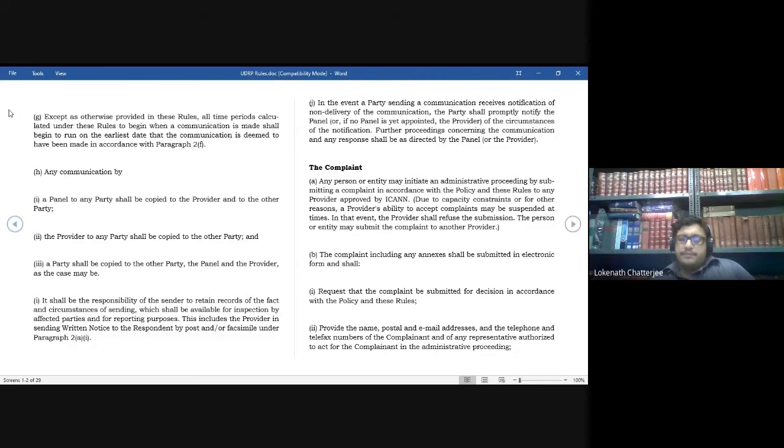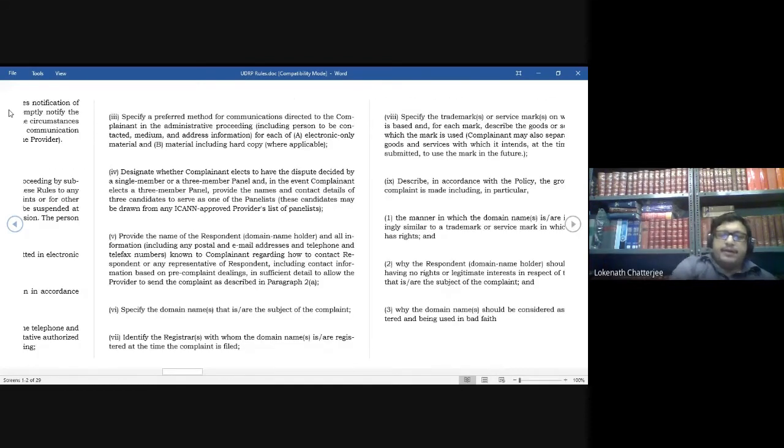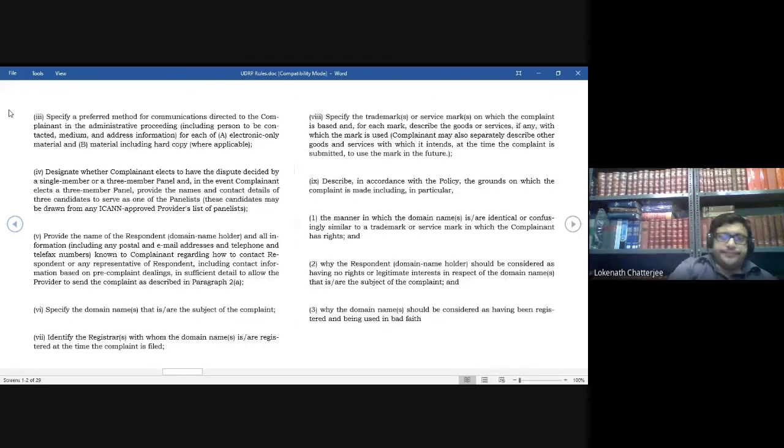Then the policy is something which we've just covered. The name, postal address, and email addresses of the complainant should be given, and then contacts should be given. This is the manner in which the complaint is to be made.